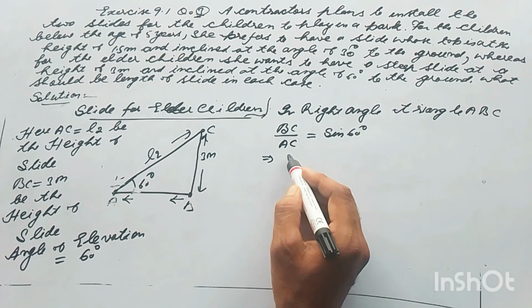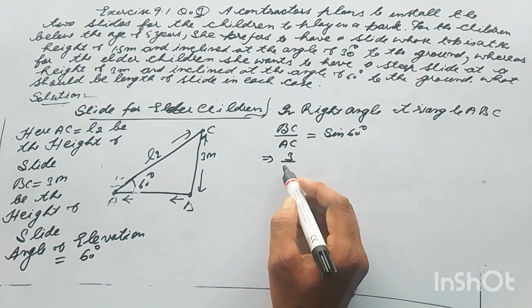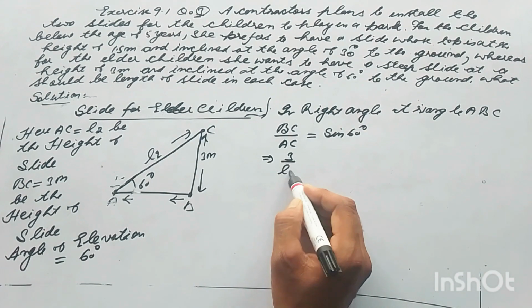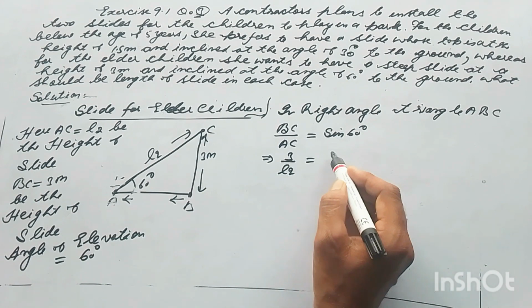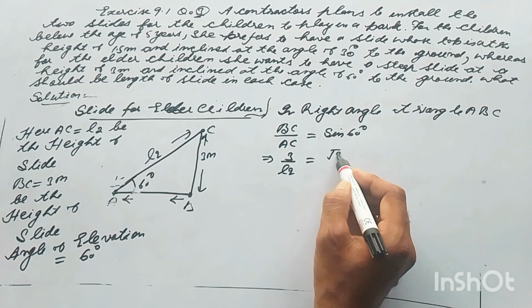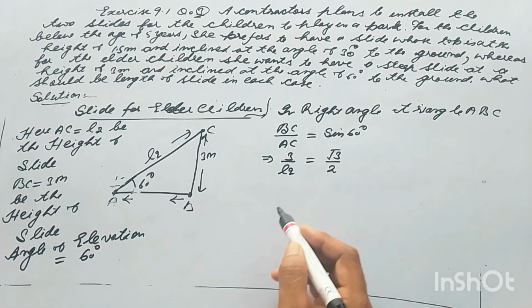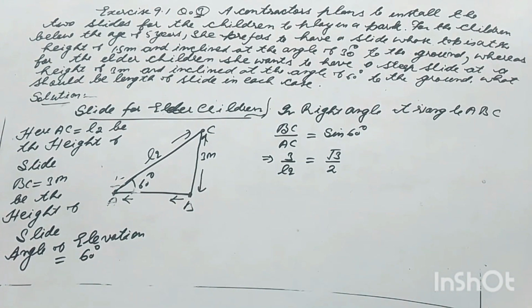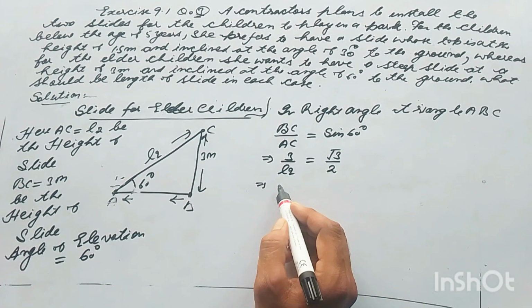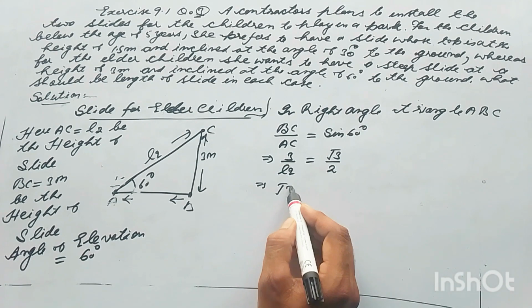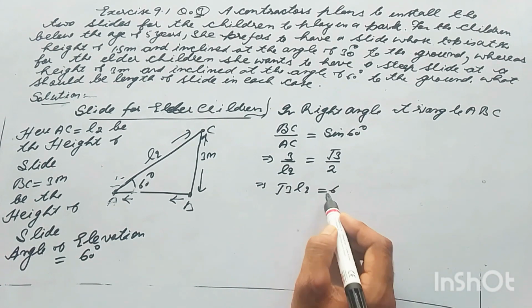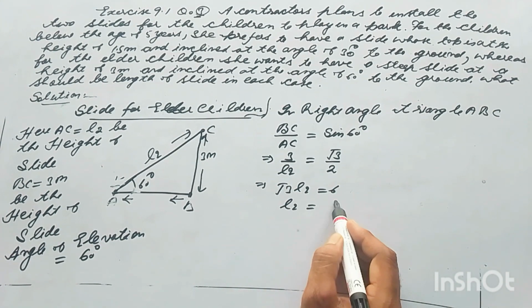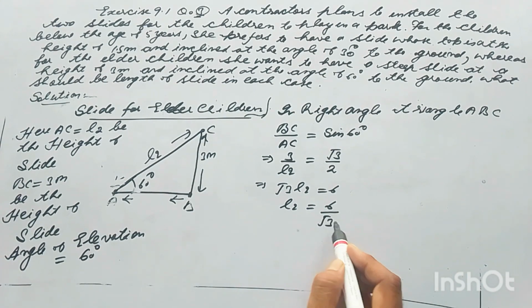BC is 3 meter and AC that is L2 equal to sine 60 degree. That is the value of sine 60 degree, equal to square root of 3 upon 2. We have square root of 3 L2 equal to 6, L2 equal to 6 upon square root of 3.